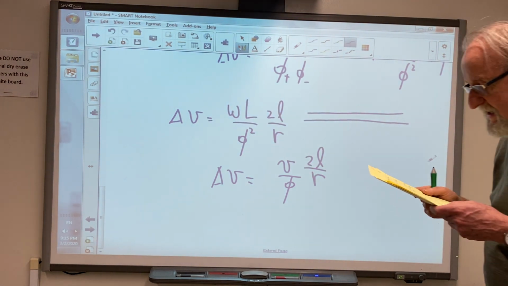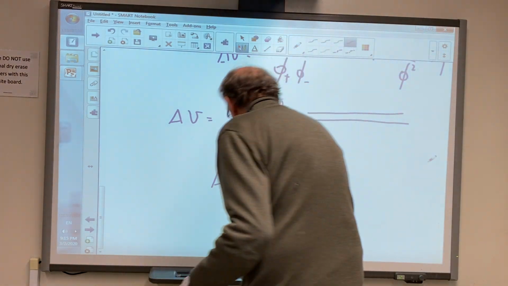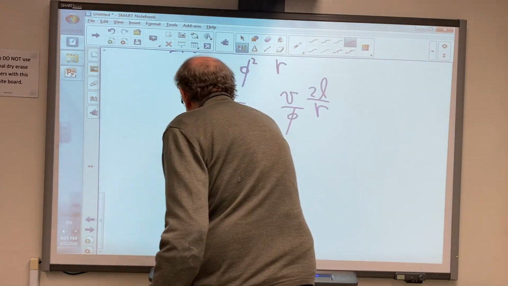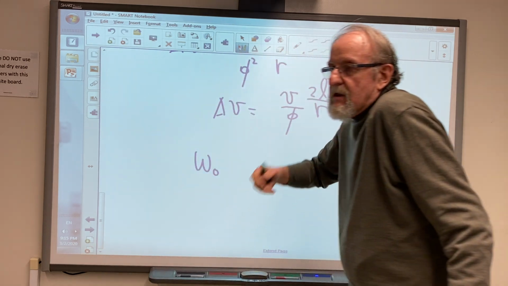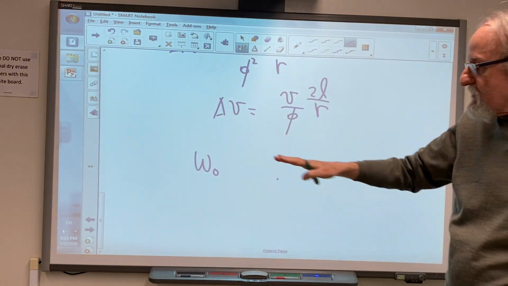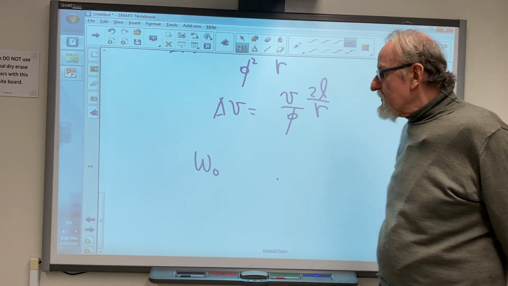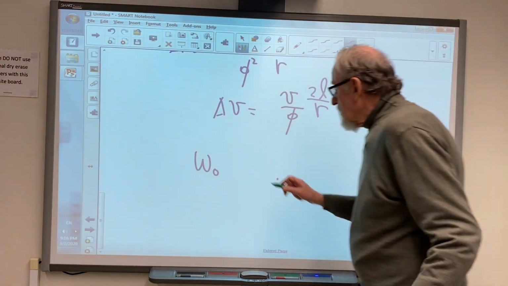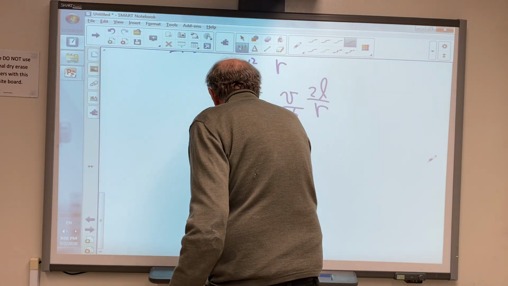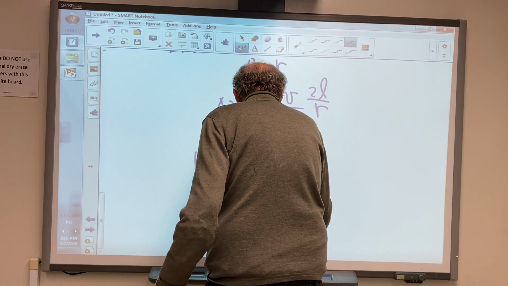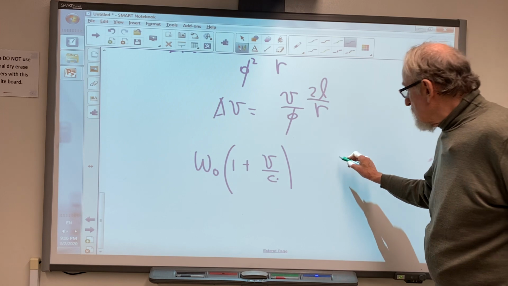You understand that if the line, for example, will be omega 0, say because it's hydrogen or whatever material, that normally when the molecule is at rest emits at omega 0, we will see it as omega 0 times 1 plus v over c. Okay, this is the old Doppler effect.